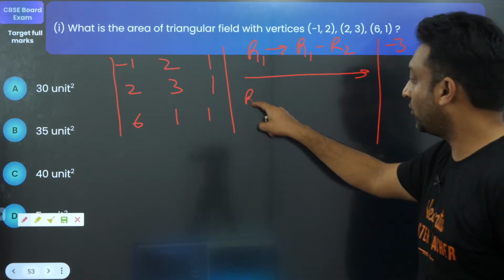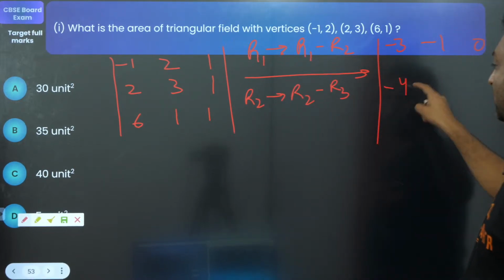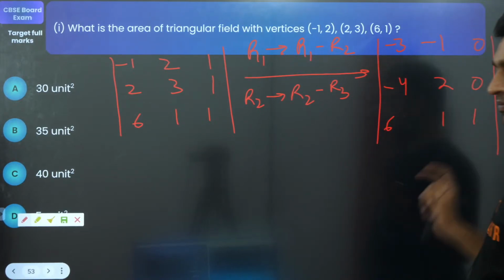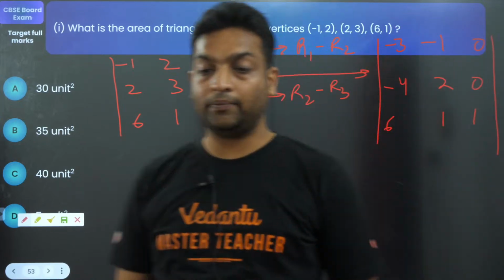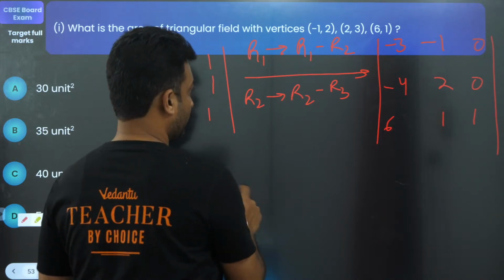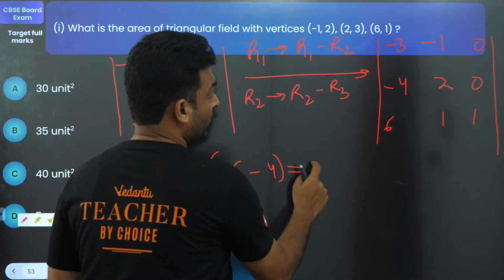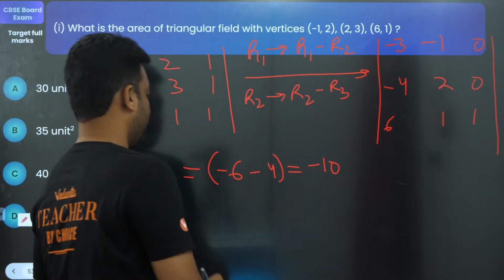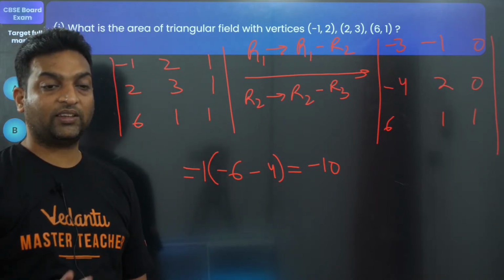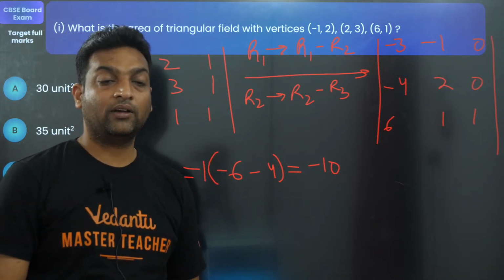Now R2 goes to R2 minus R3, so this will be minus 4, 2, 0, then 6, 1, 1. Now open using the third column. It will be 1 into minus 6 minus 4, that is minus 10. This is the value of this determinant.